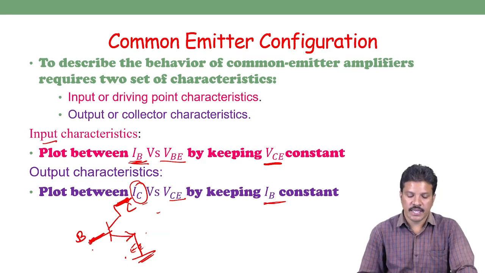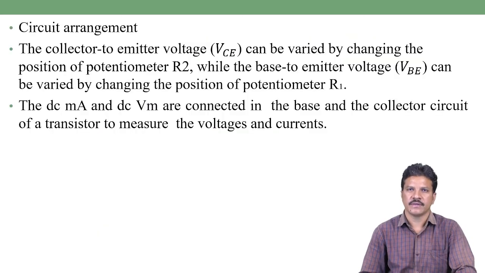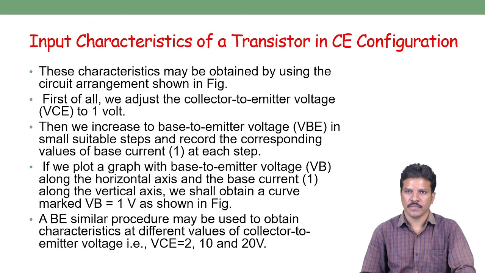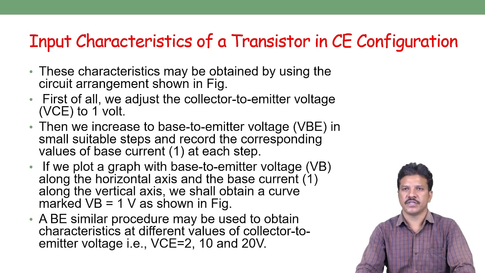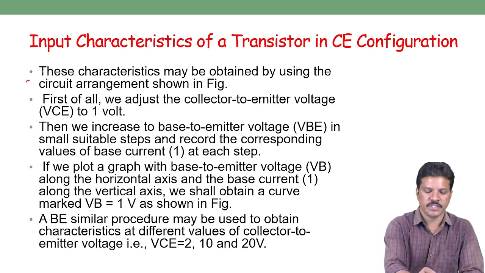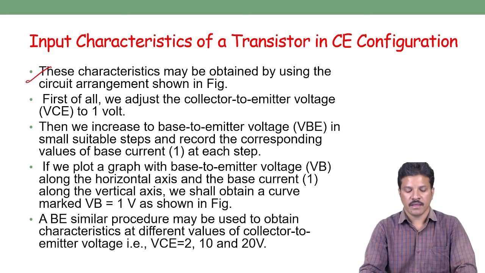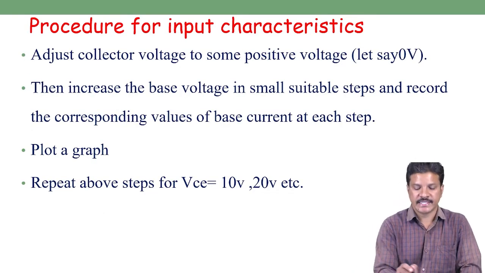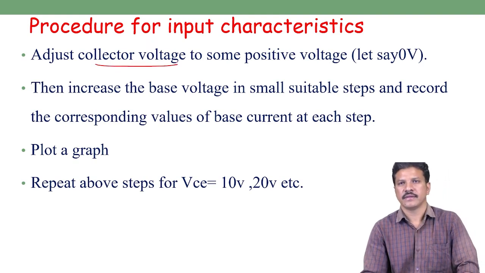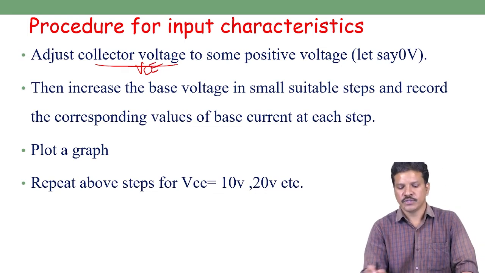Now we will see how to obtain the input characteristics by following this procedure. If you see the circuit arrangement as shown in the figure, first adjust the collector voltage, meaning the voltage between collector and emitter, VCE, to some positive voltage.